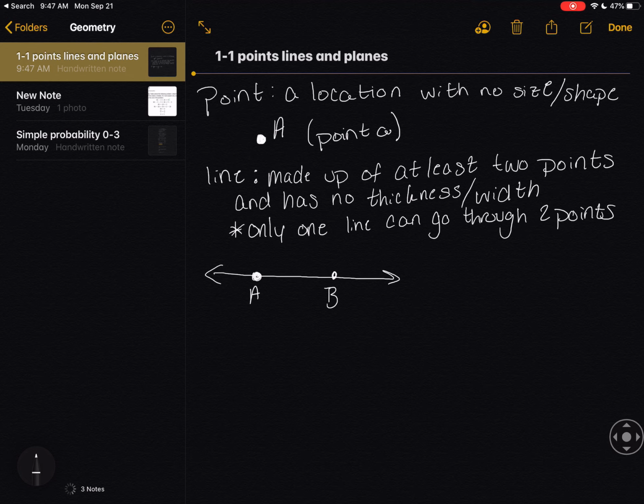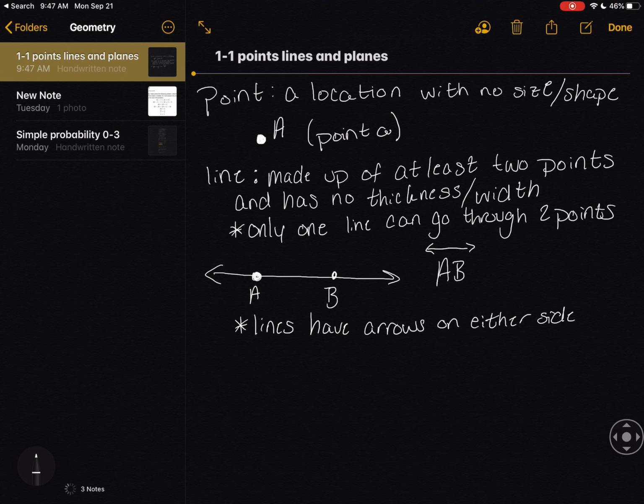So this would be considered line AB, and when I write line AB, I'm going to use the notation AB, and I'm going to literally draw a line with 2 arrows on either side. Note that a line has arrows on either side.